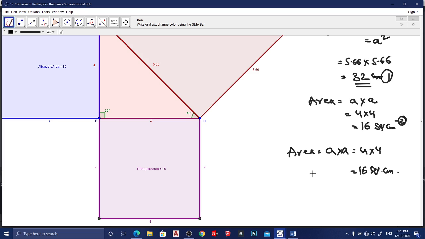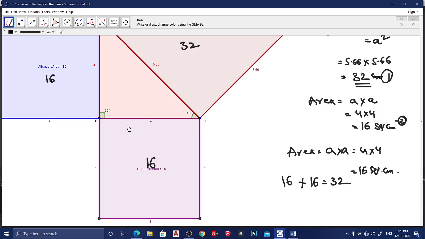Now you have to observe here. This is 16 square centimeters, this is also 16, and this is 32. What will you observe here? The sum of these two squares is equal to this one, which is 32. 16 plus 16 is how much? 32, which is the area of this square.